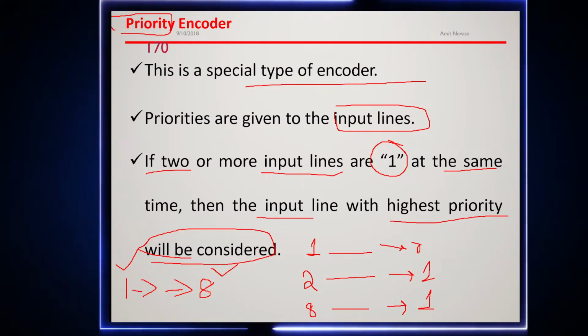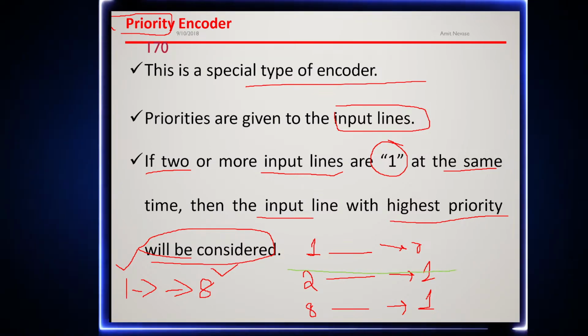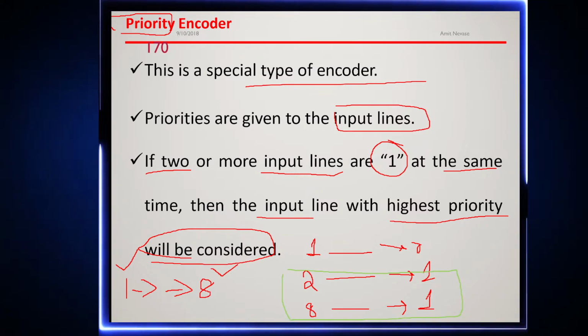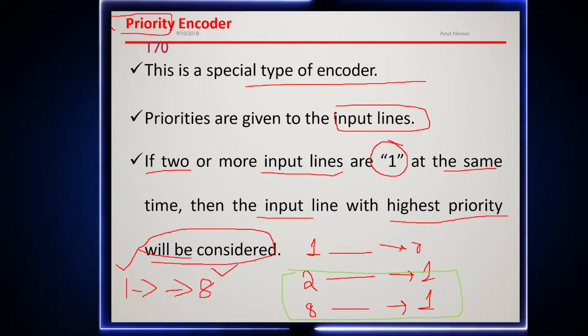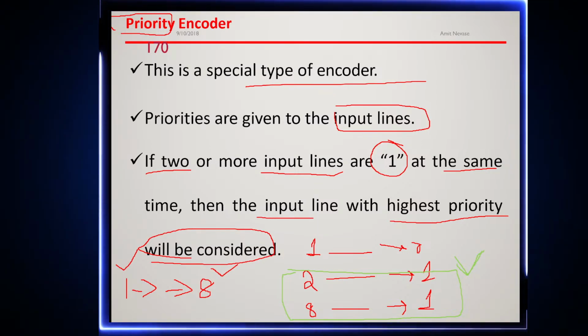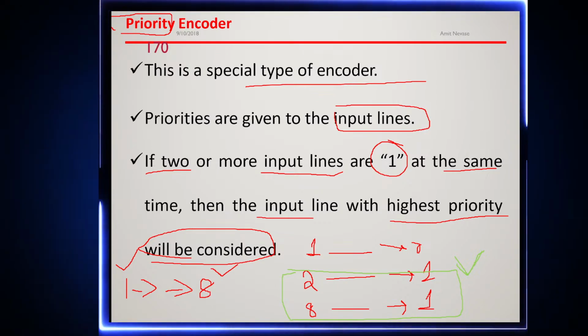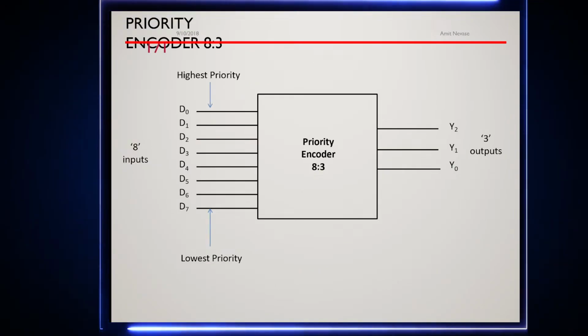That means if in this condition input line 2 and input line 8 are having the same value, that is 1, then the priority will be given to the second input because 8 is having the least priority. I will show you a diagram, it will be simplified.